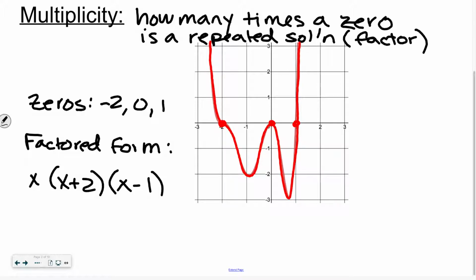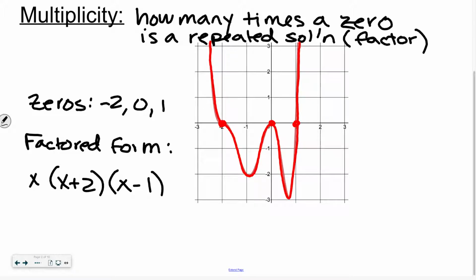So I'm going to tell you this. One of those factors is repeated, and you can tell it's repeated when you look at the graph. It looks different than the other zeros. Is it 0?